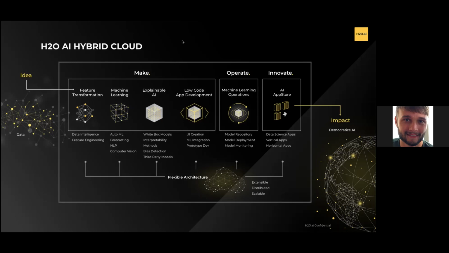On the left-hand side here, we have this box called Make. In here, you can think about some of the traditional things you deal with when you're modeling. So getting the data, exploring the data, engineering some additional features, then, of course, moving on to actually building the model. So, things like hyperparameter selection, algorithm selection, things like that.